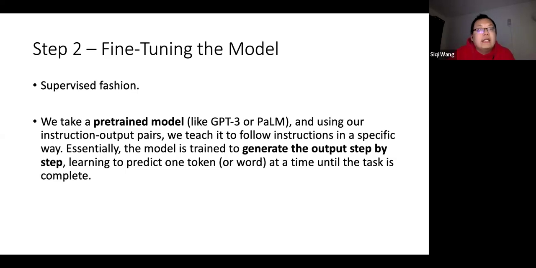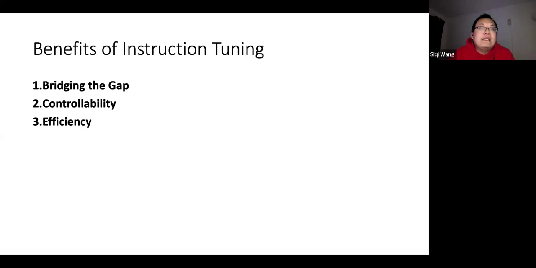That is what we need. So why is instruction tuning useful? Let's quickly recap the key benefits. First, it bridges the gap. It aligns the model training with real user needs. The model goes from just predicting the next word to actually completing the task based on human instruction.